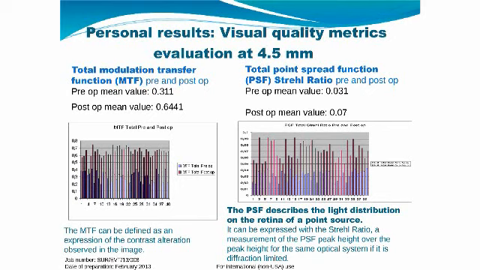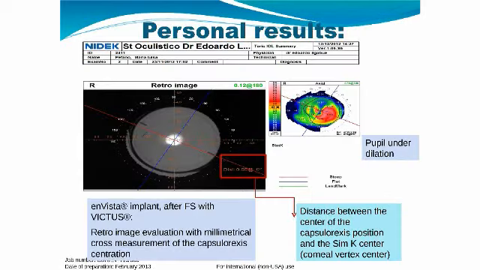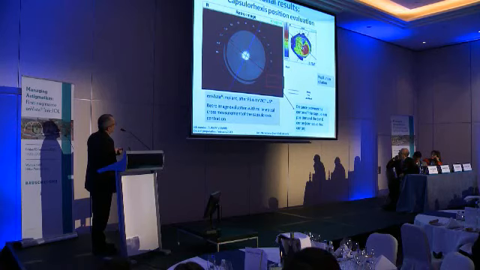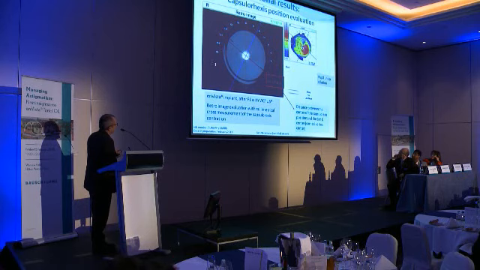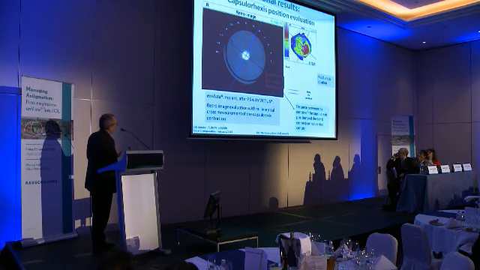But I want to stress this slide, because we developed with the OPD aberrometer this display to evaluate the distance between the center of the capsulorhexis, evaluated with this graduated cross, and the position of the CMK center, that is the fixation of the patient.